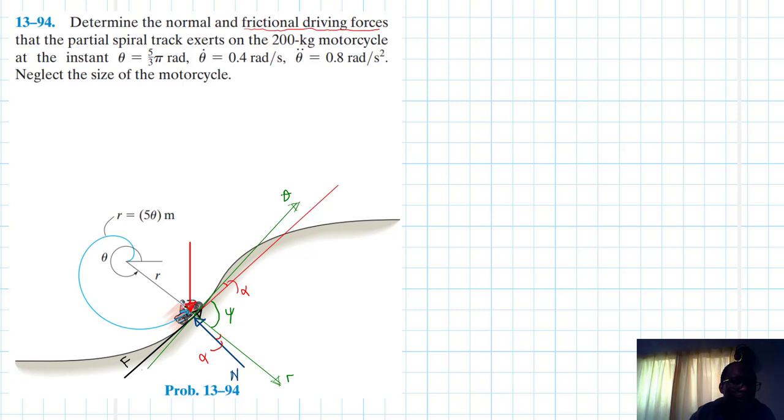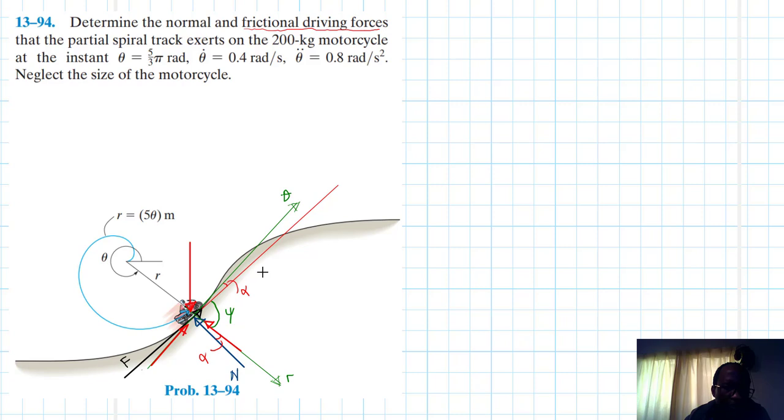Let's partition the components. We'll have a component of n in this direction, and another component like so in that direction. This is for n.